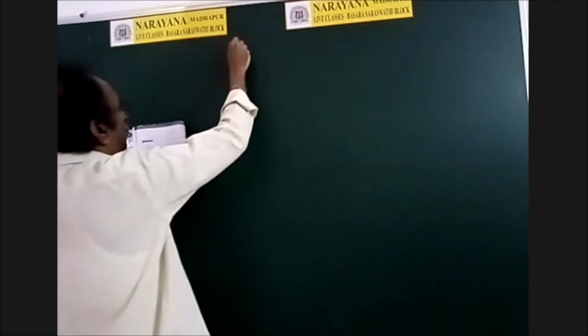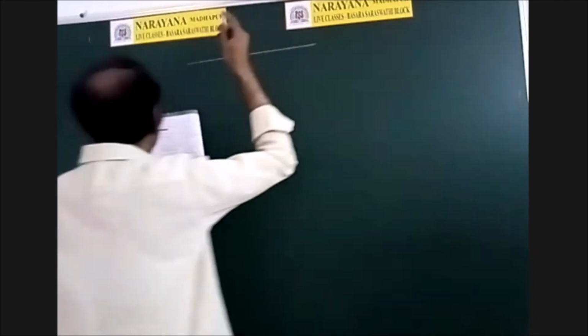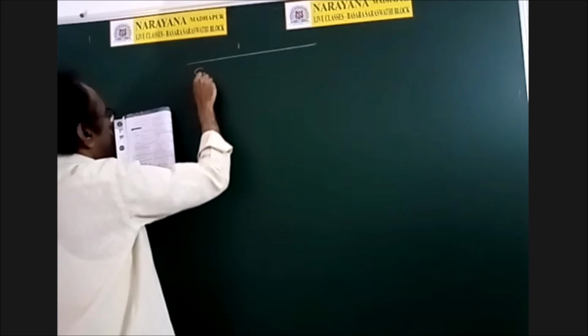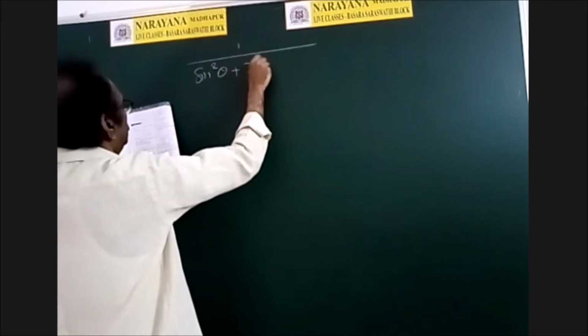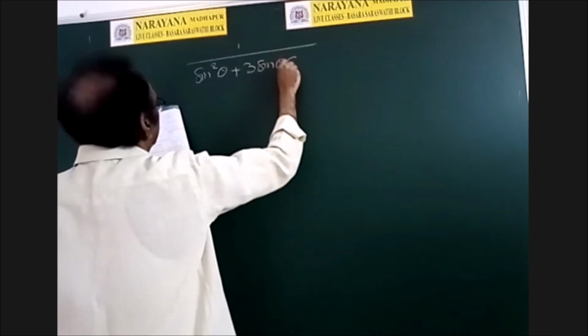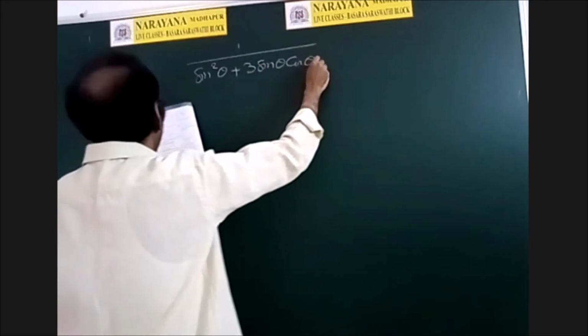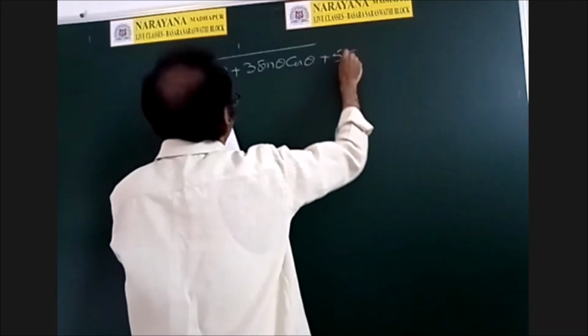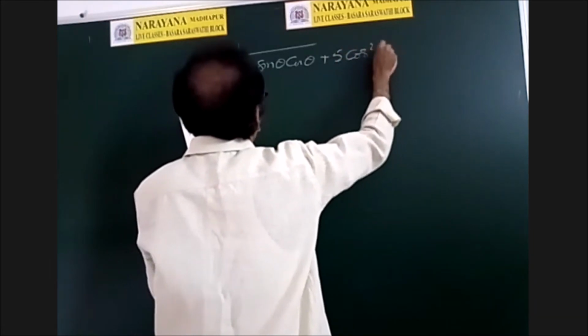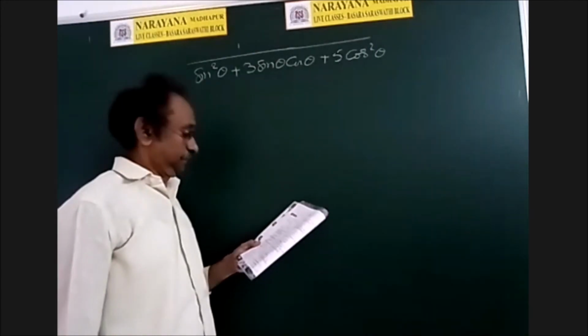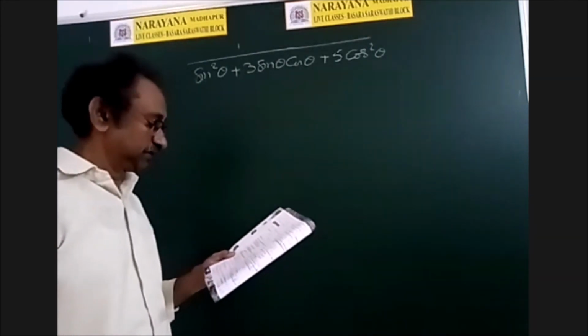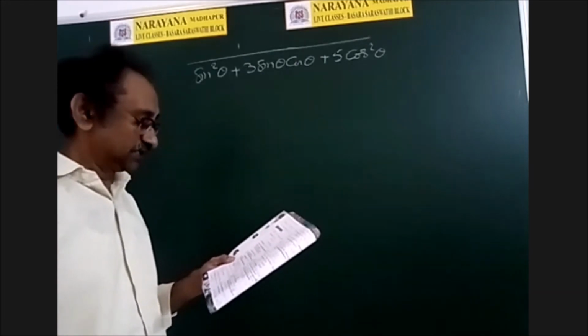So what is the question? Take one question: 1 by (sine square theta plus 3 sin theta cos theta plus 5 cos square theta).